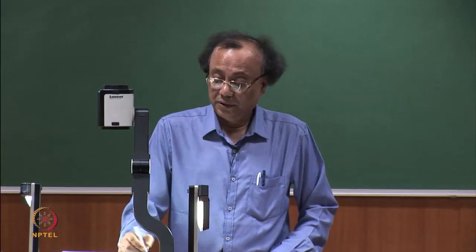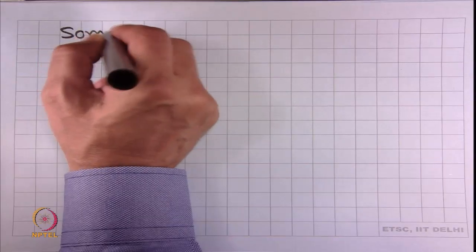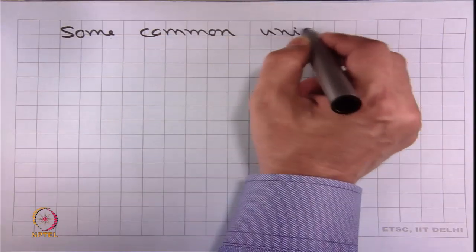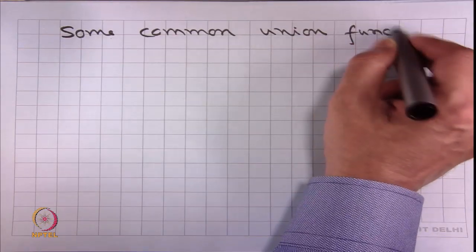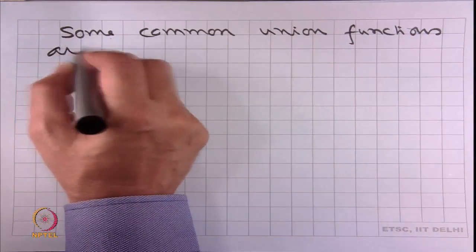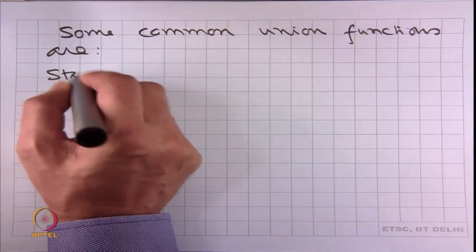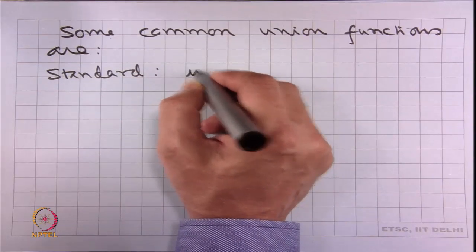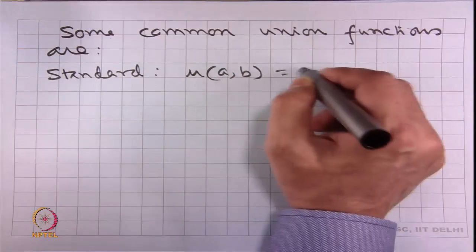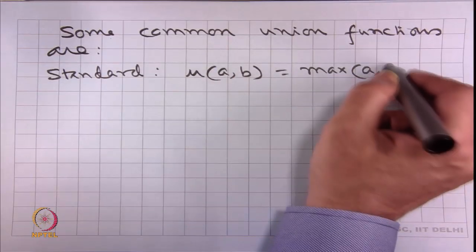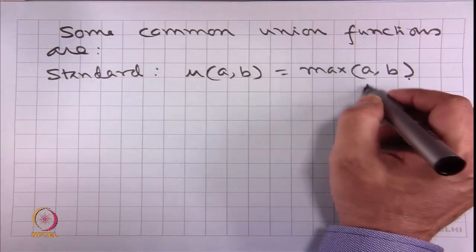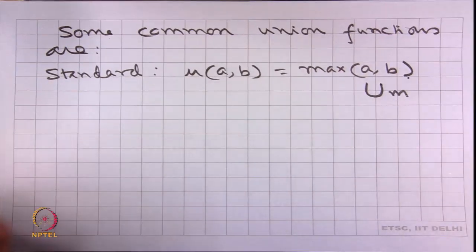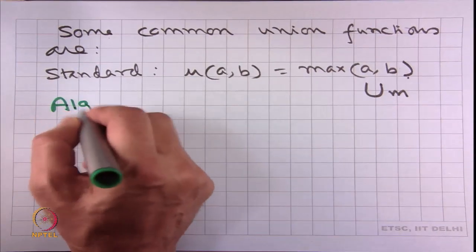As before, some common union functions are standard, that is U of A B is equal to max of A B. We will write it as U M, algebraic sum.